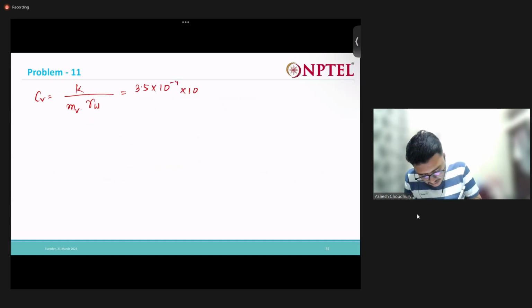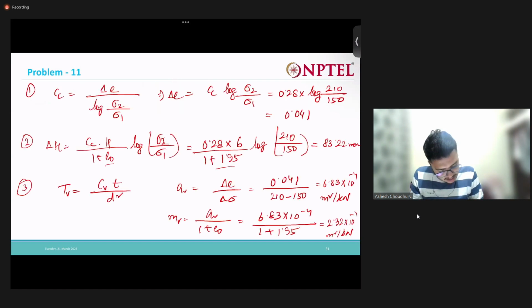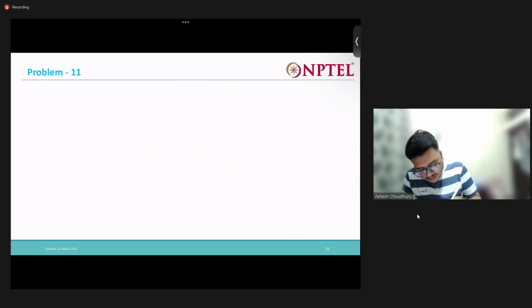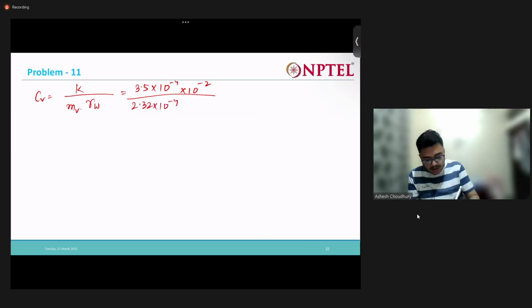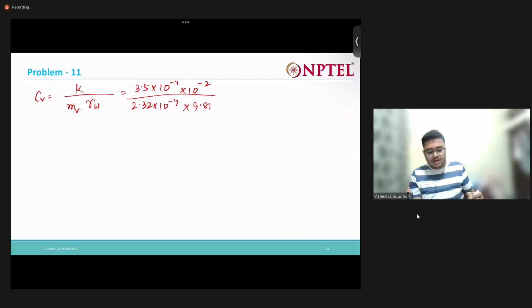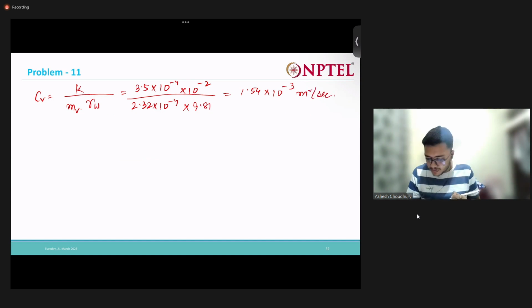I convert it to meter per second. mv is 2.32 into 10 to the power minus 4 meter square per kilonewton, and gamma w is 9.81 kilonewton per meter cube. If I do this, it will be 1.54 into 10 to the power minus 3 meter square per second. So I got the cv.